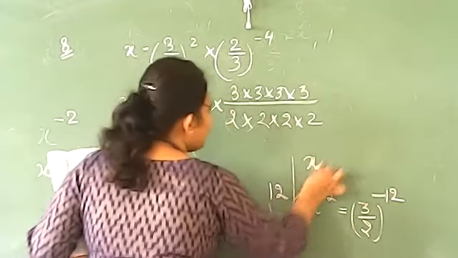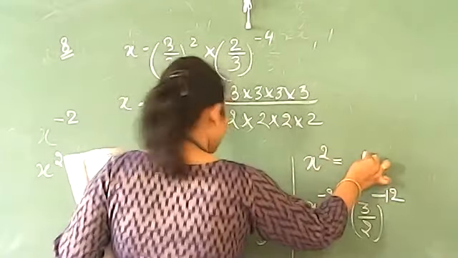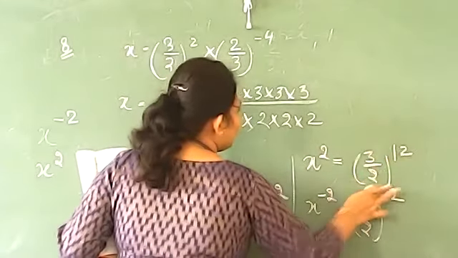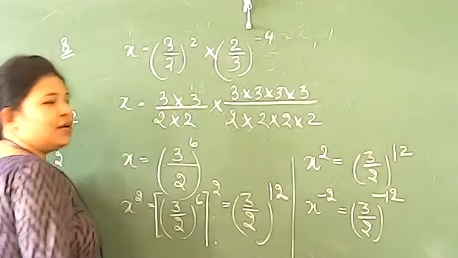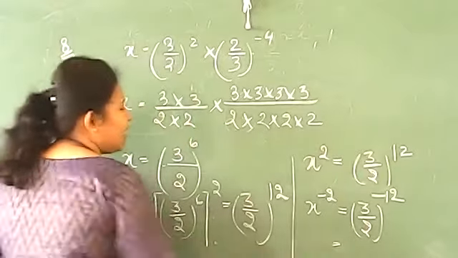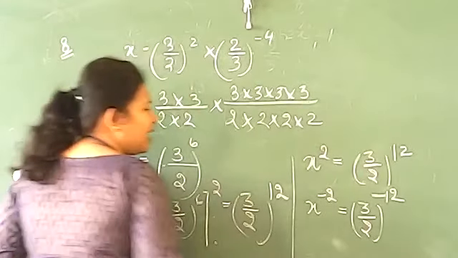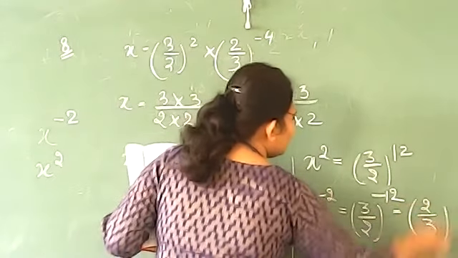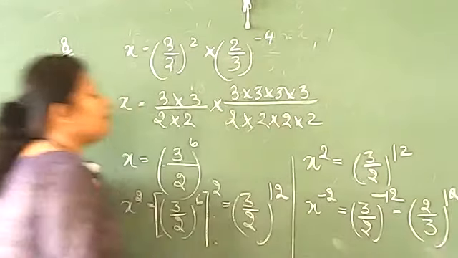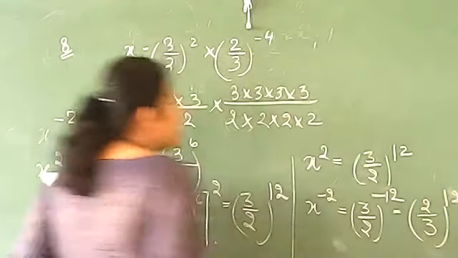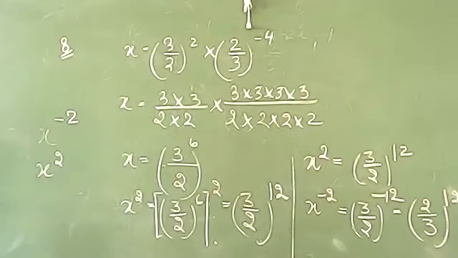Because x to the power 2 is 3 by 2 to the power 12, for the negative power we can't leave it negative, so we take the reciprocal and write it in positive power form. So the answer would be 2 by 3 to the power 12. This will be your answer.